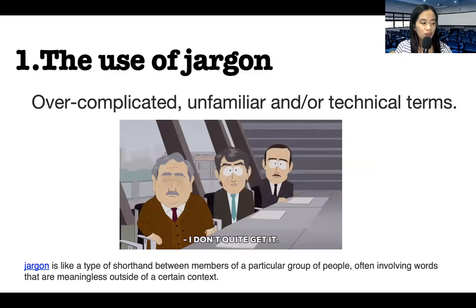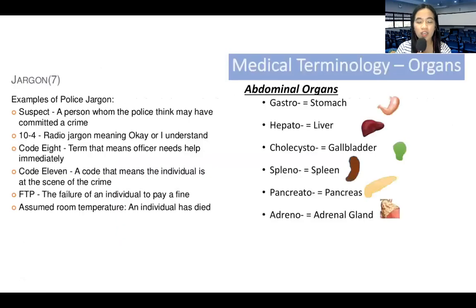If you use these terms outside of your circle, outside of your organization, it can become meaningless, or it may seem unfamiliar to other people. And if that happens, that makes the use of jargon a barrier in communication.